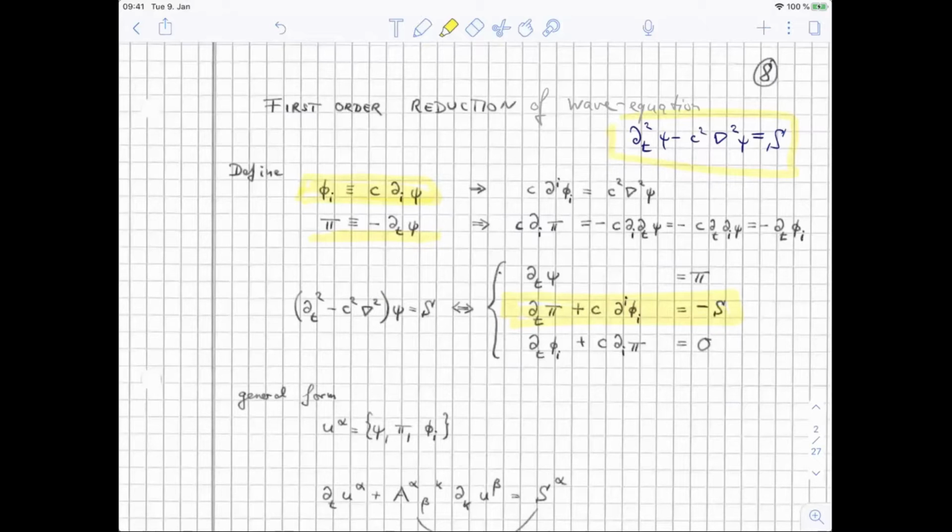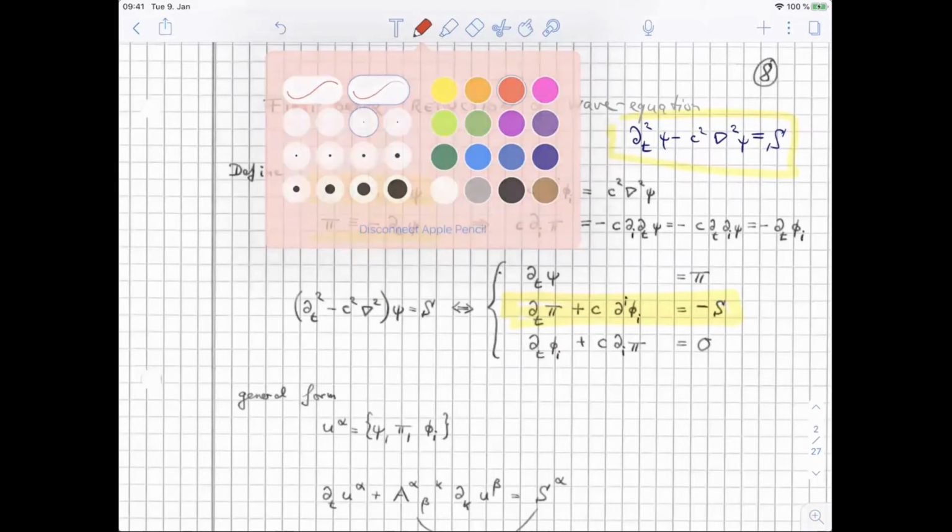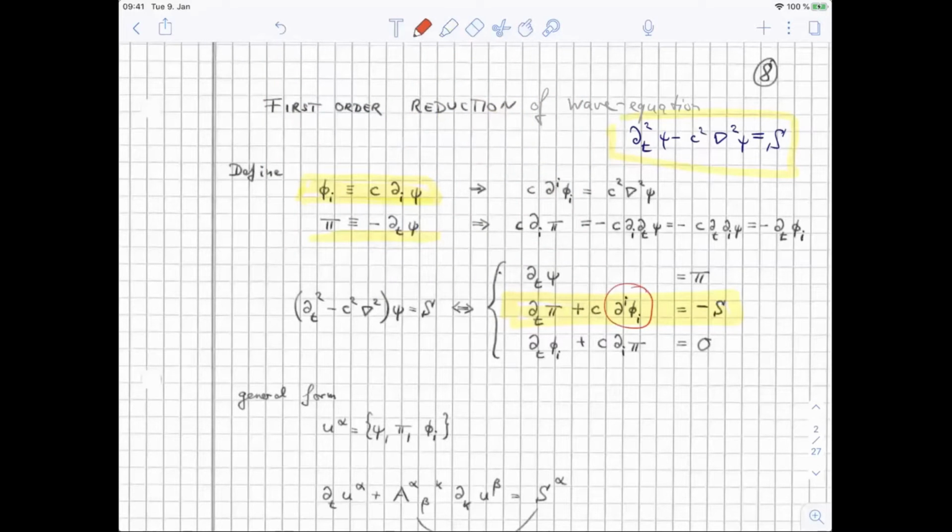And the Laplacian has now turned into a first order gradient term of this intermediate variable phi, which are the first derivatives of psi. So, of course, if we introduce new variables, we also need new equations for those variables.